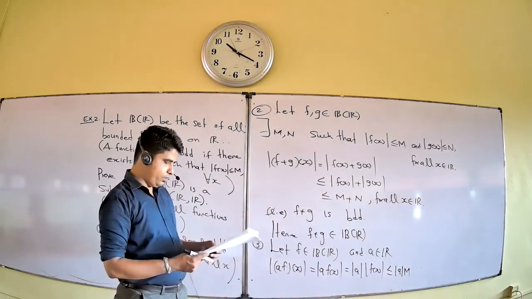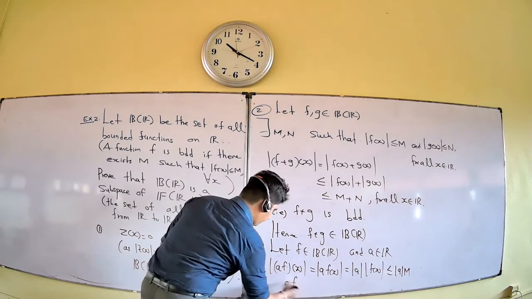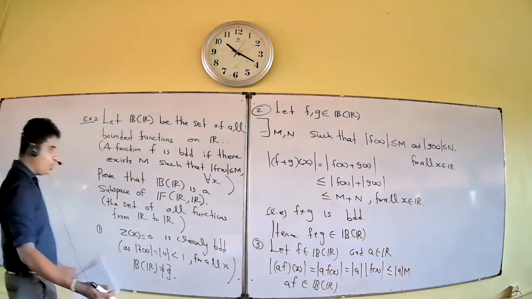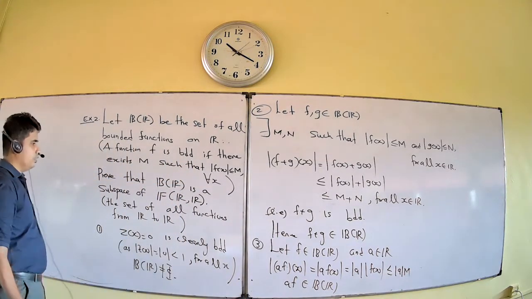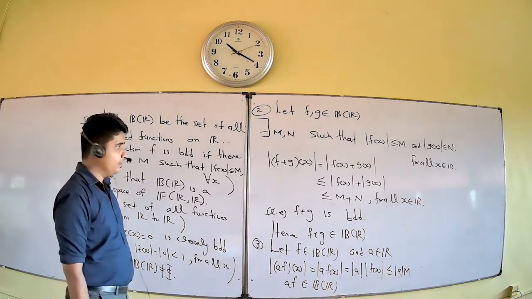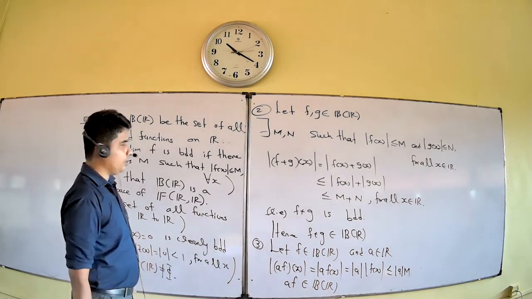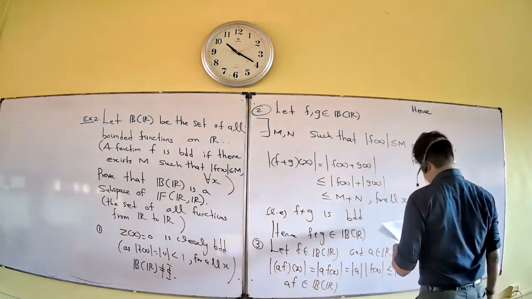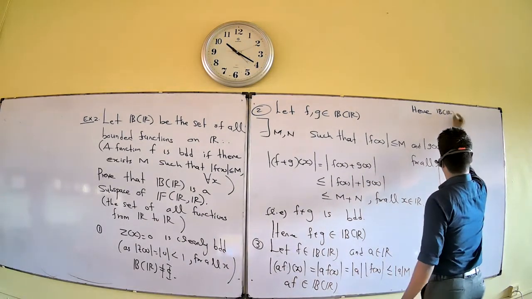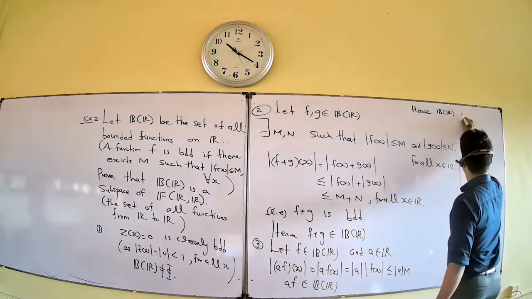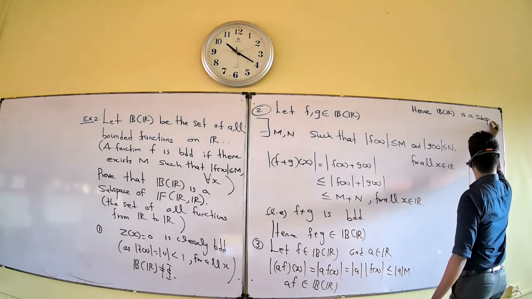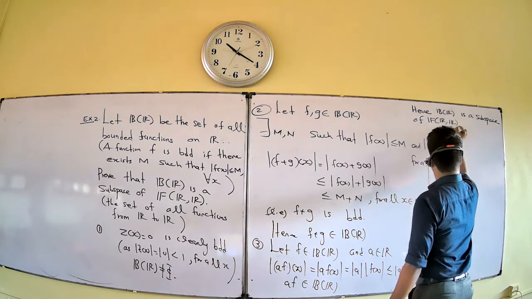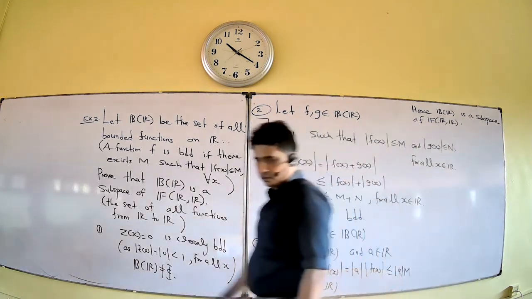Therefore, af also belongs to B(R). It means the set of all bounded functions forms a subspace. Then we can conclude that B(R) is a subspace of F(R).